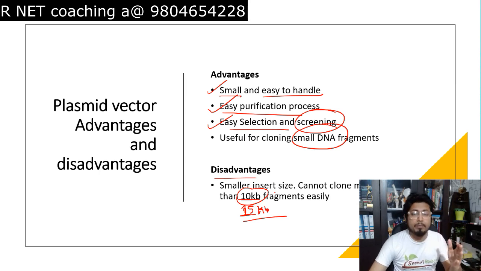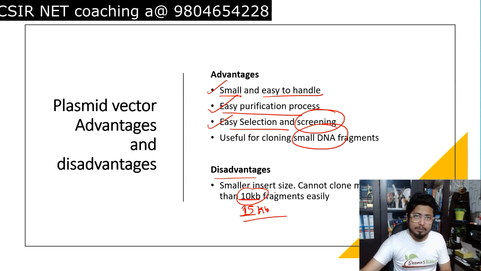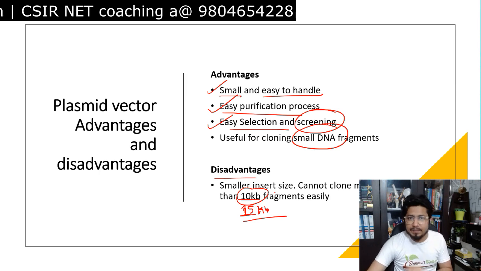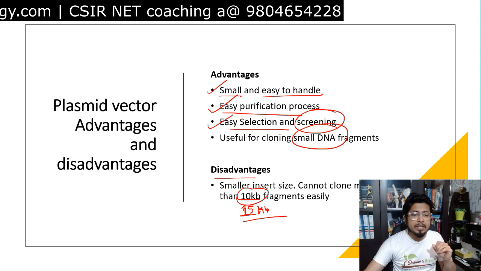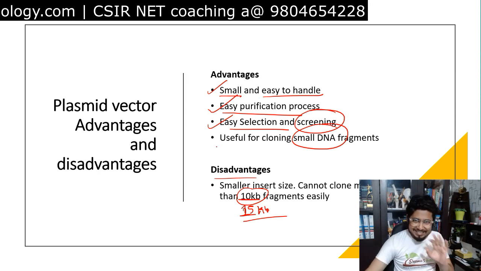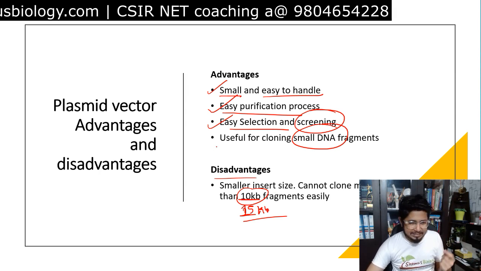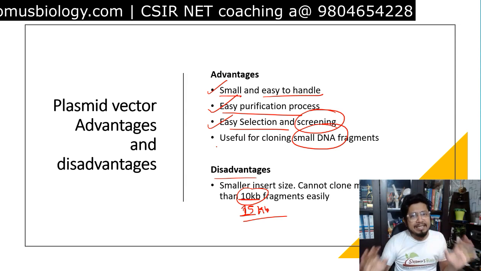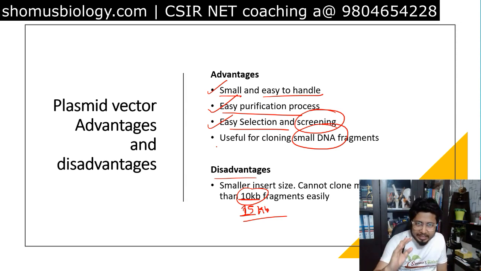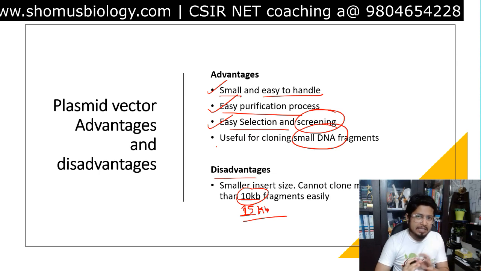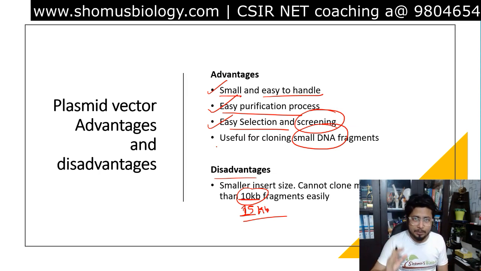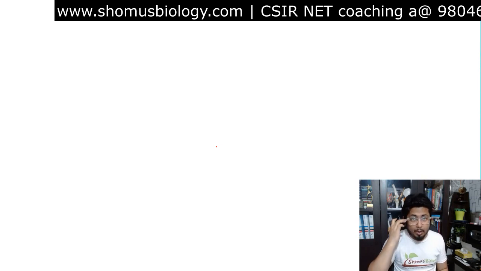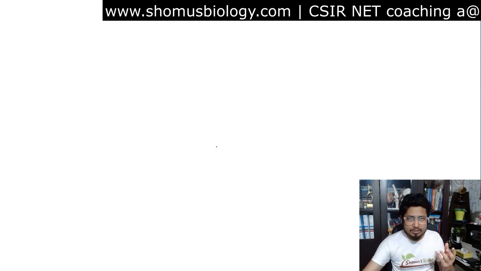It can cause problems in terms of the maintenance of the plasmid inside the host cell, and the transformation efficiency can be compromised. Other than that, the rest of the things are quite easy, like a breeze. That's why plasmids are widely used molecular cloning vehicles or vectors that we use for the molecular cloning process, and in case of expression as well. Okay, that's all about the plasmid vector and the example of plasmid vector used in molecular cloning.